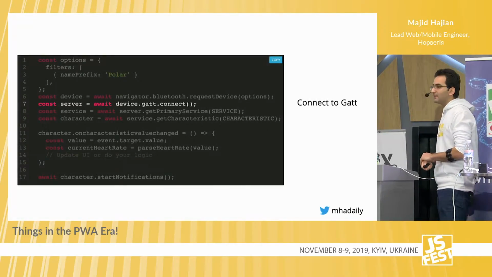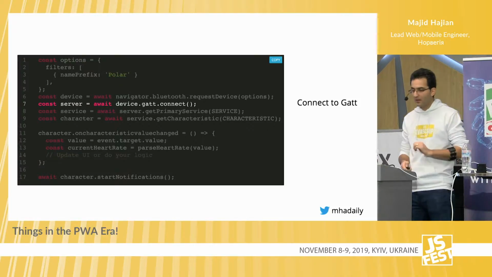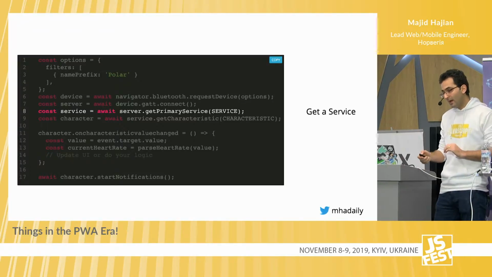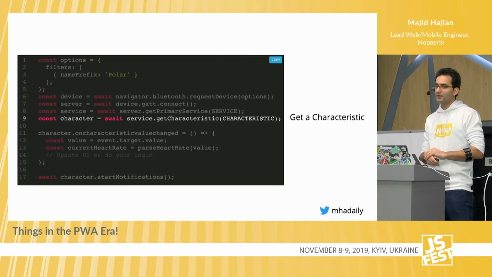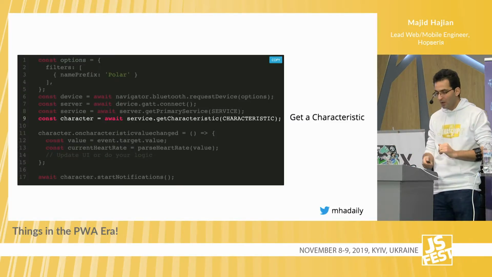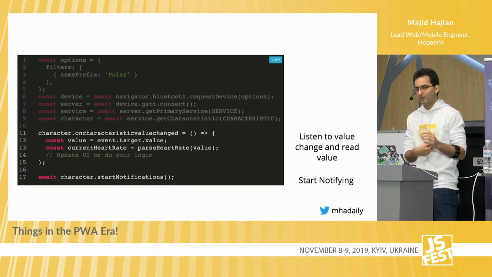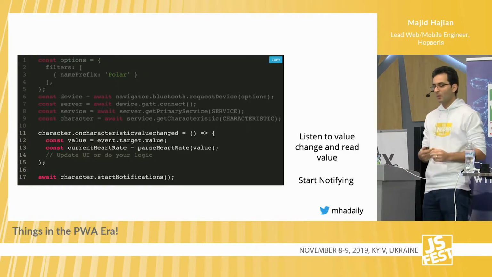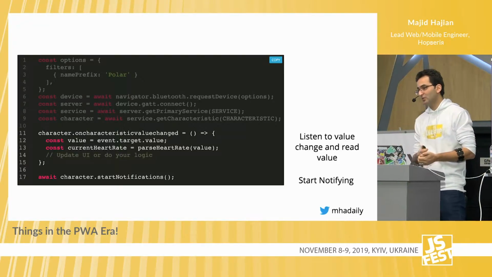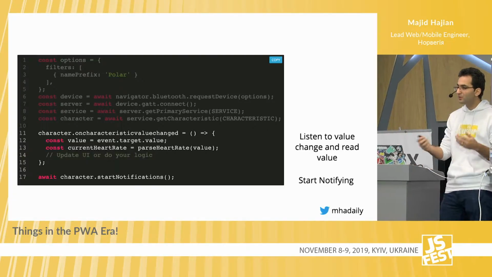And after that, you can connect to the GATT server. After that, you need to ask for a service, and then you need to ask for a characteristic. So the same hierarchy that I explained. And once you get the characteristic, like the heart rate, for instance, you can start notifications, and then listen to the change and do something with it.